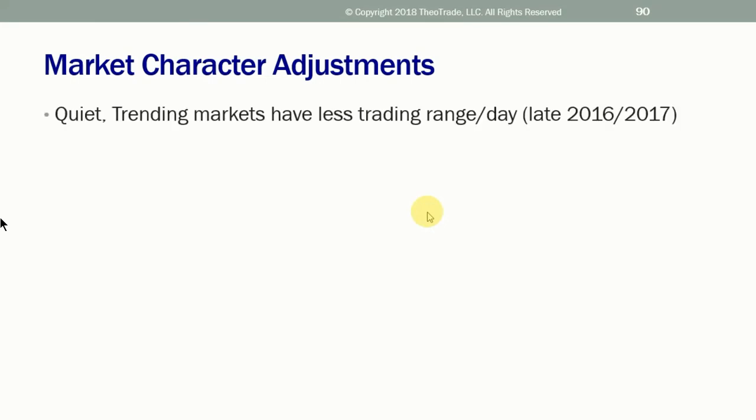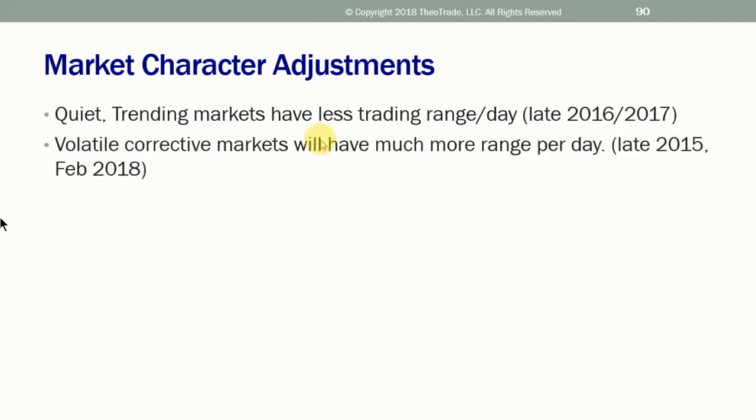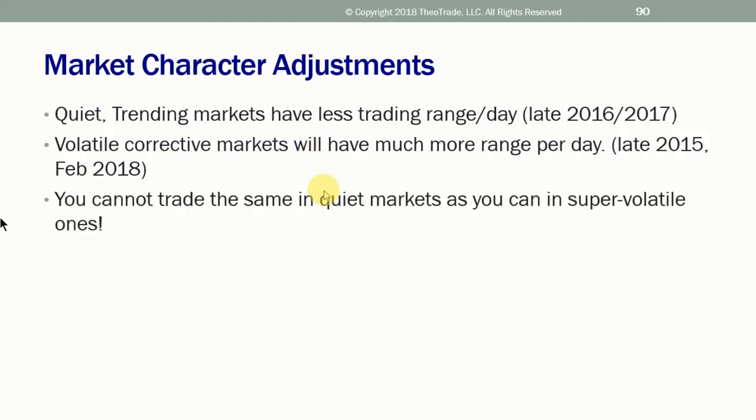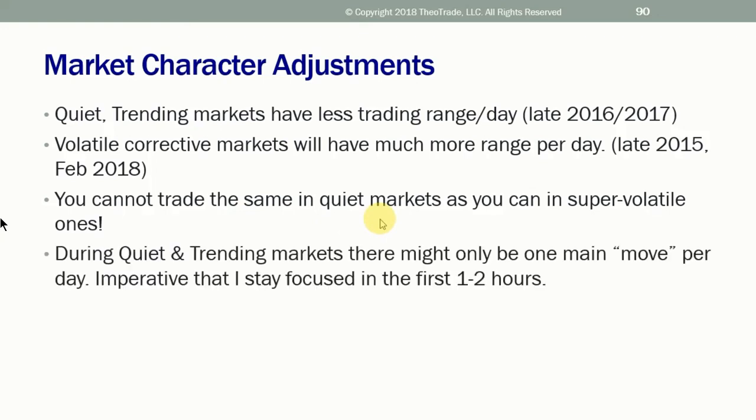So, market character adjustments. Quiet trending markets have less trading range. Volatile corrective markets will have much more range. You cannot trade the same in quiet markets as you can in super volatile ones. During quiet and trending markets, there might only be one main move per day. I have to stay focused here. I saw a lot of people getting in trouble with this.